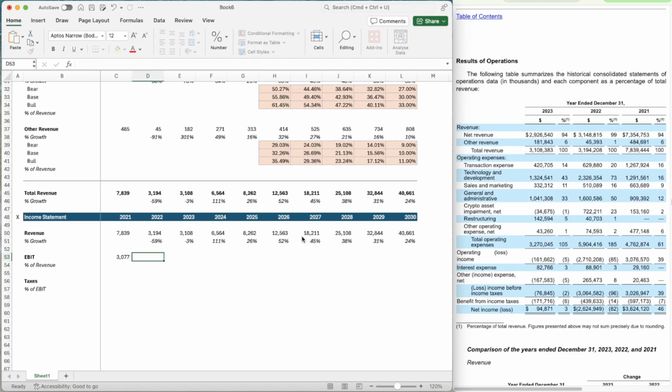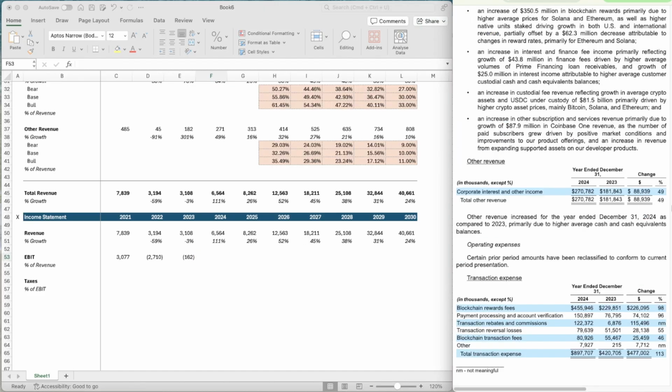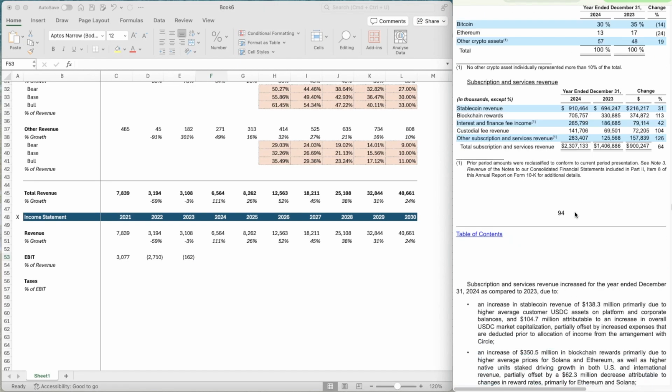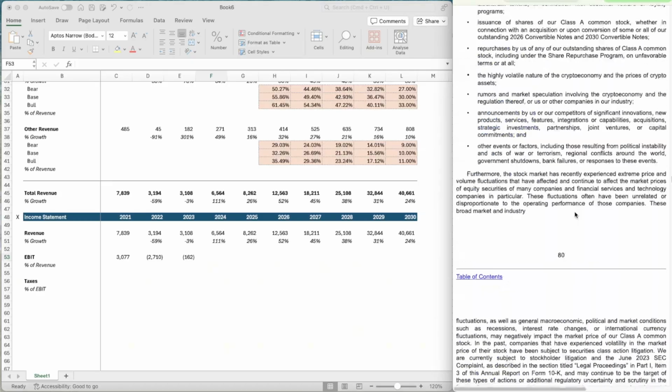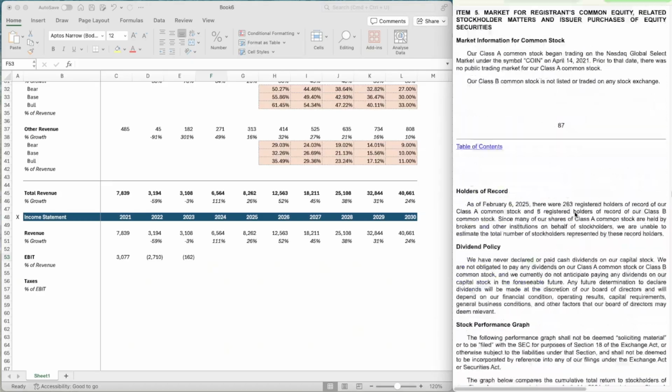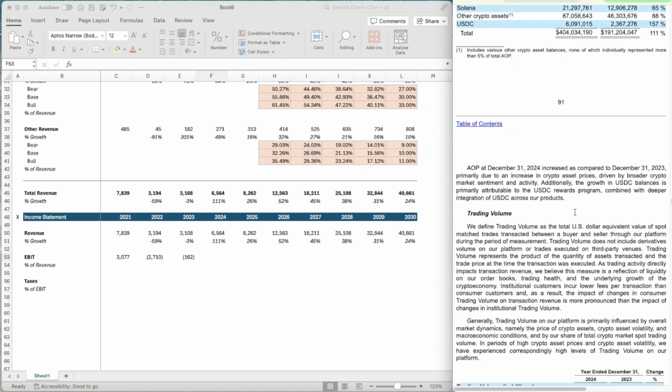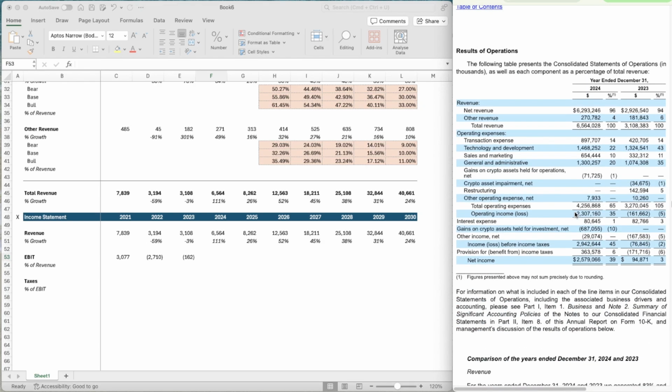3076.57. And it was 2710.8, but negative. 1.62. 4. 307.